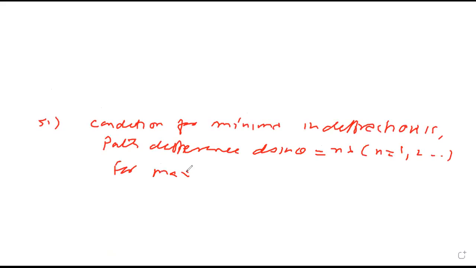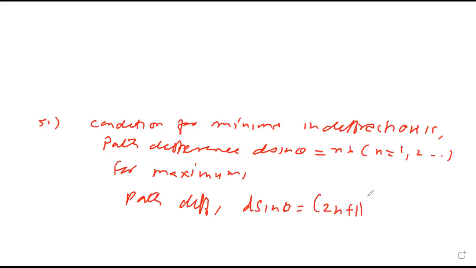For maxima, it is the opposite, path difference d sine theta is 2n plus 1 lambda by 2, where n is 1 to so on. So for maxima it is like minima in interference, and for minima it is like maxima in interference.